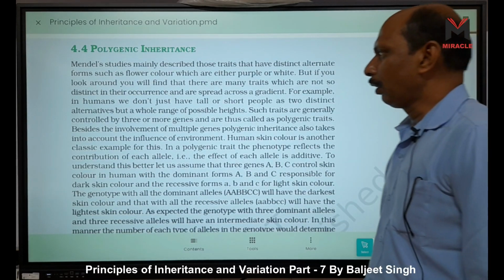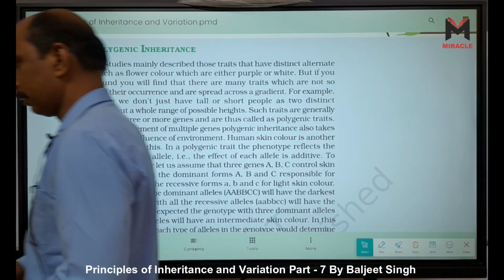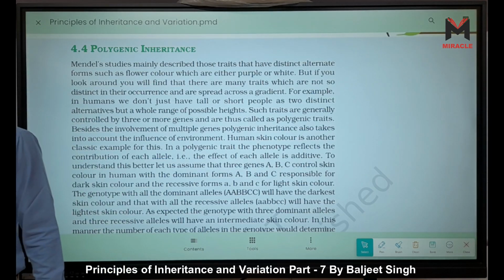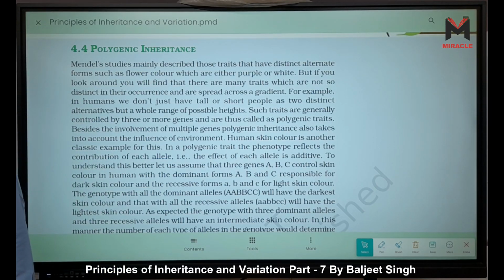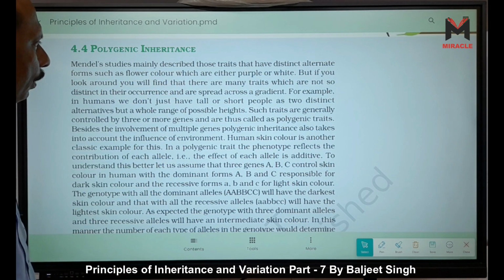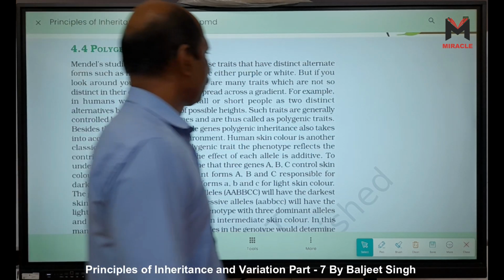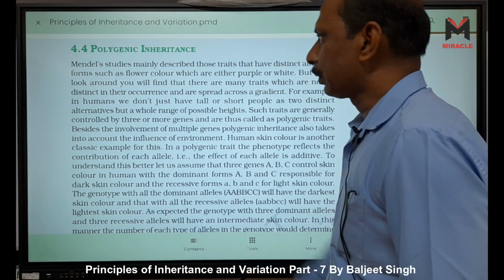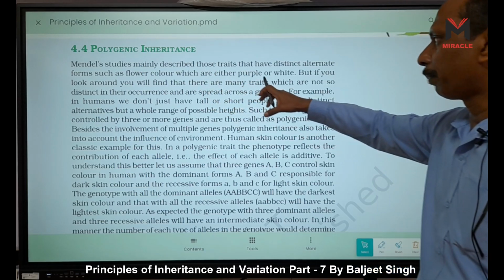Now given here is polygenic inheritance. Mendel's studies mainly describe those traits that have distinct alternate forms, such as flower color which is either purple or white.